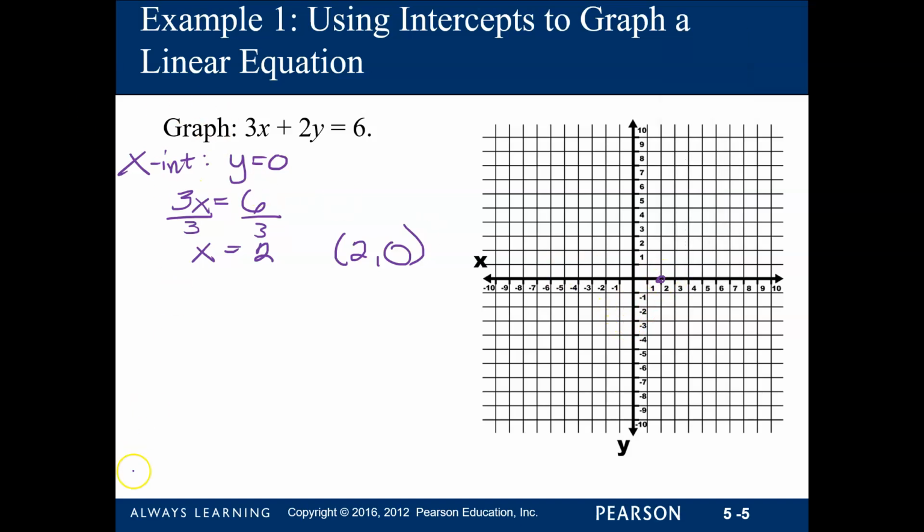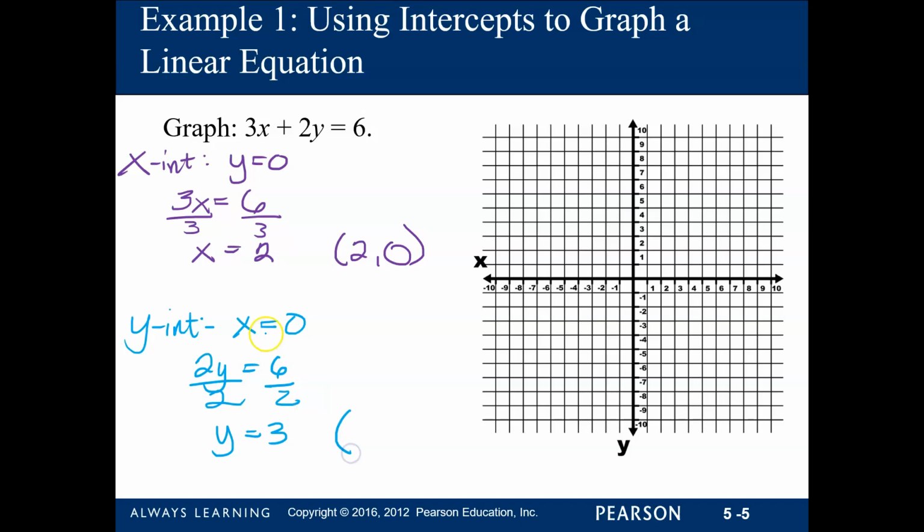And now let's solve for the y-intercept. Now the x value is 0, so 3 times 0 is nothing, and you will have 2y is equal to 6. Solving for y, we divide by 2, and so y is equal to 3.